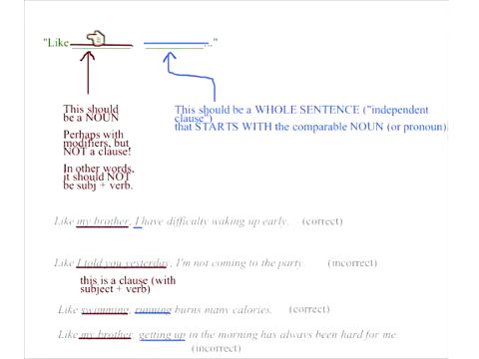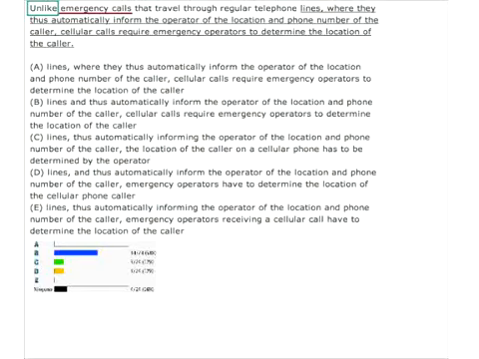So if you look at this, this is a modifier, and this is another modifier. So it's really unlike emergency calls, and then the second part is cellular calls.